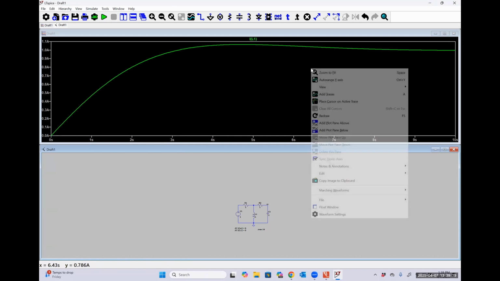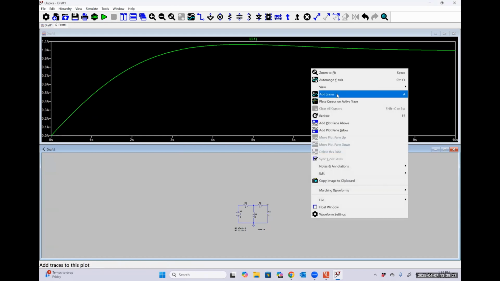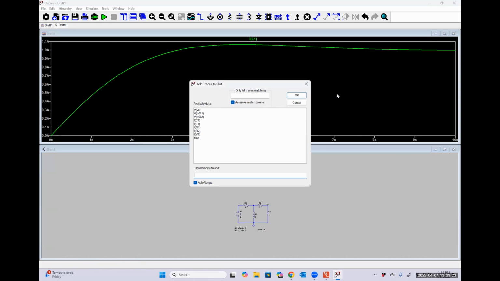So we might be amazed. I'm going to add a trace. So if I'm not mistaken, this was -1 times the cosine of 0.5 times 180 over pi times time multiplied by exp of -0.5 times time.